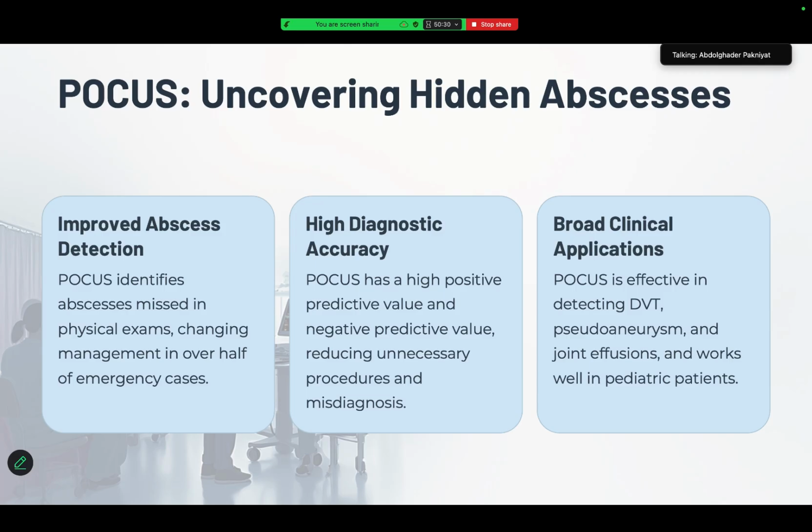Performing the POCUS is not just to find some pus under the skin. Sometimes we need to make sure there is nothing else, like maybe DVT or an aneurysm, or if the redness and erythema over a joint may be a joint infusion, as in the case we reviewed together. Fortunately, it works in both pediatric and adult settings.